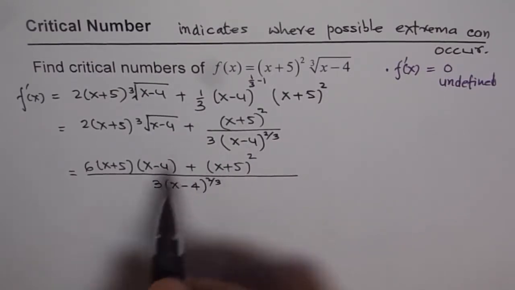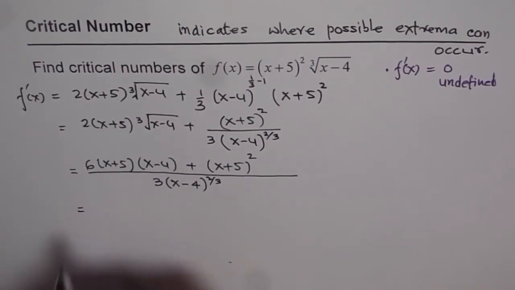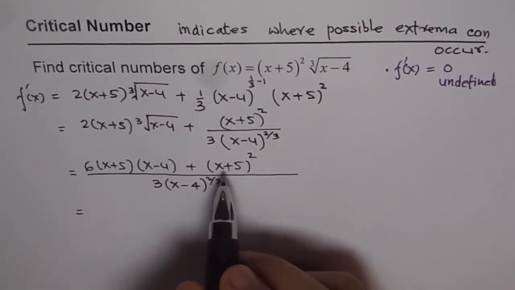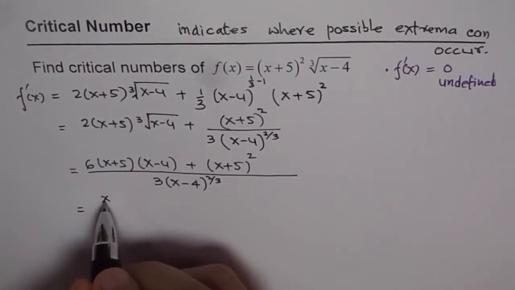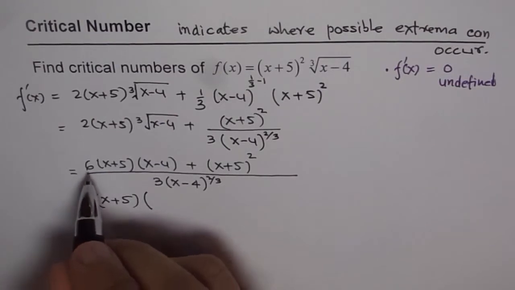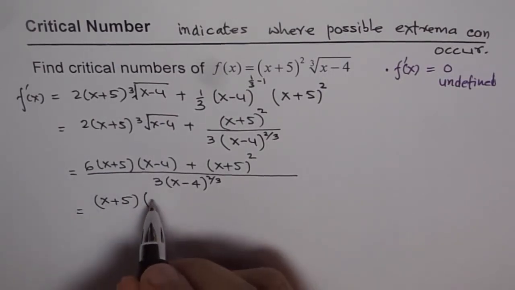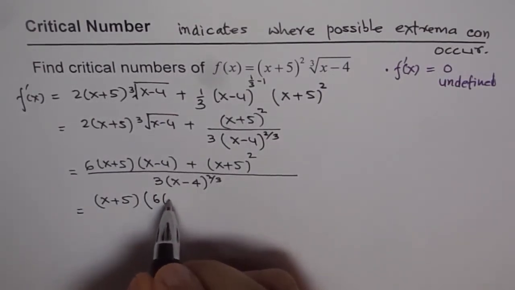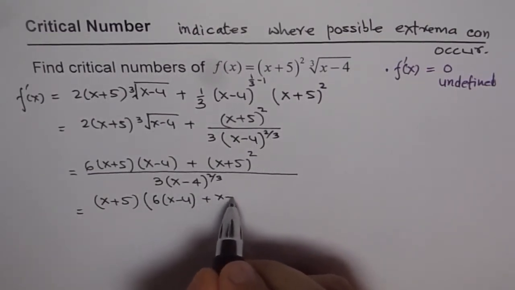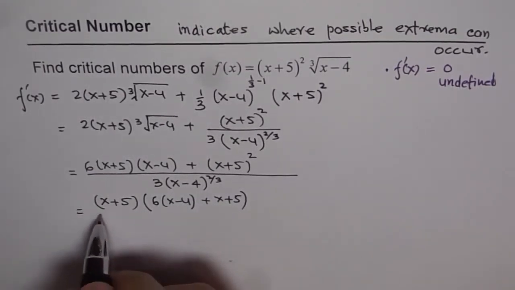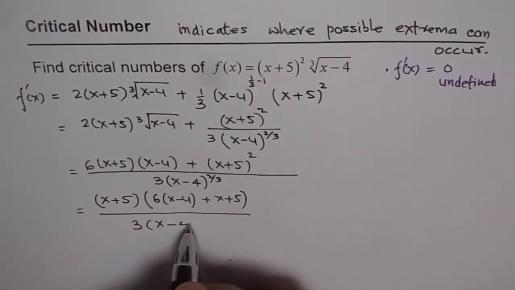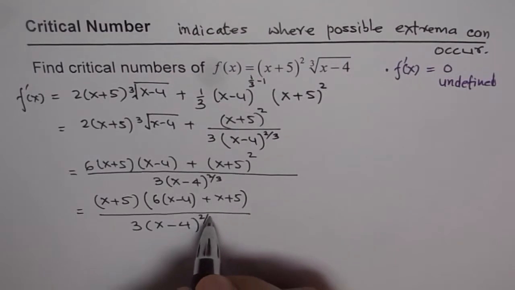Now let's take common factors and simplify further. (x plus 5) is a common factor, so we can write (x plus 5), and we're left with 6 times (x minus 4) plus (x plus 5), divided by 3 times (x minus 4) to the power of 2 over 3.